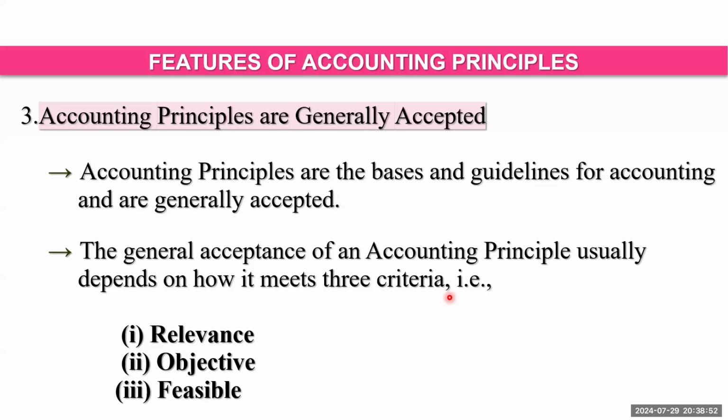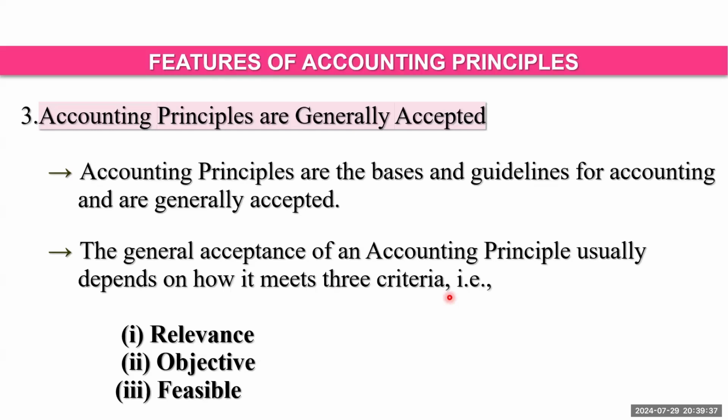The opposite of objective is subjective. Subject means a person in accounting. If it is affected or influenced by the opinion of the accountant, then it is considered as subjective. So subjective principles may be different from person to person. Subjective principles are not followed by everyone. So the conclusion here is that the principles or concepts should be objective.